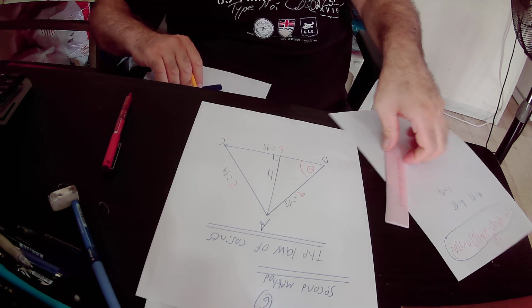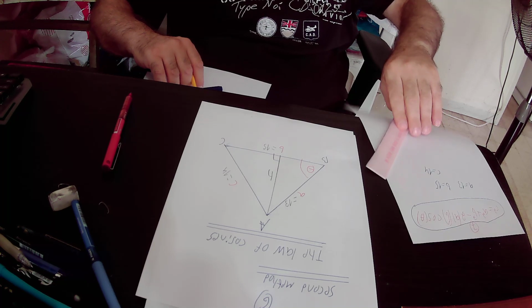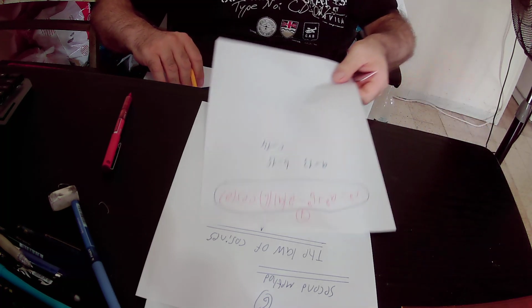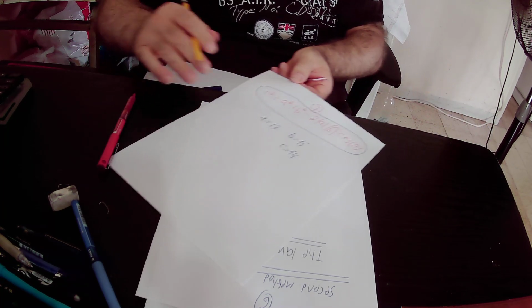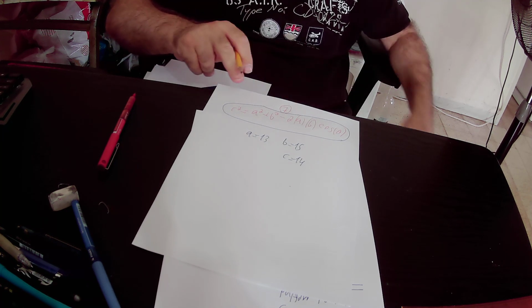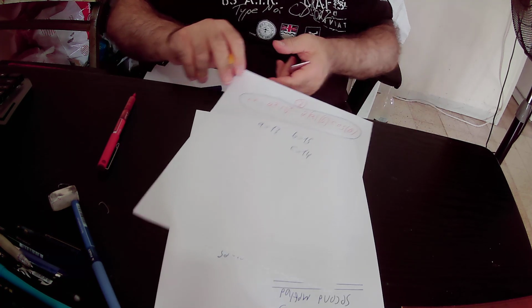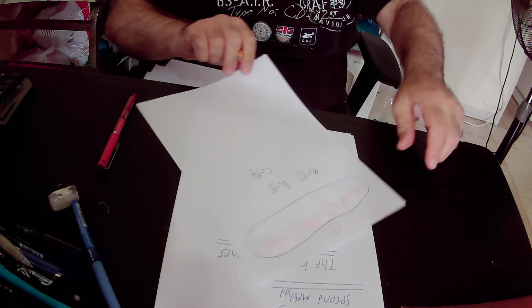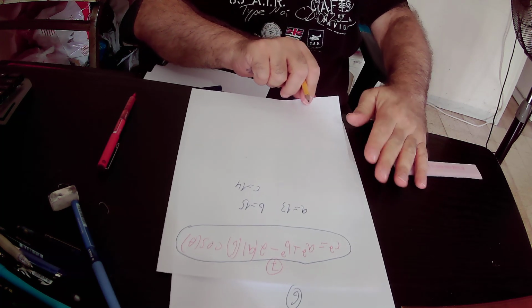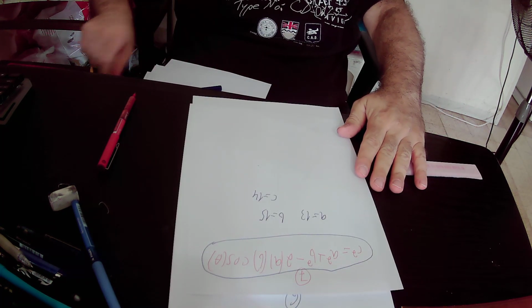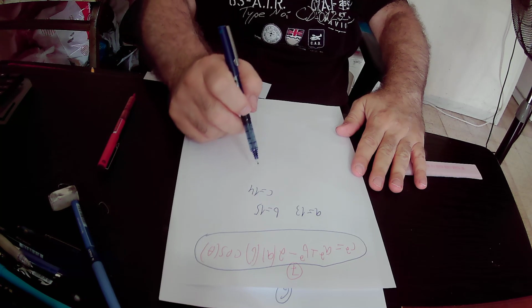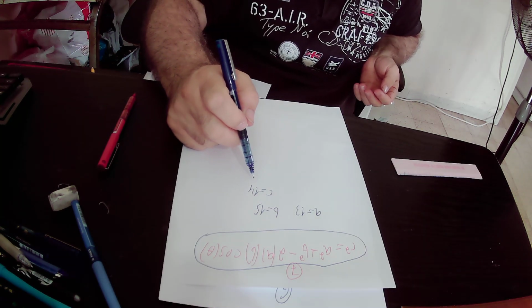Okay, so first we will find the value of cosine theta according to the law of cosines. C equals 14 units.